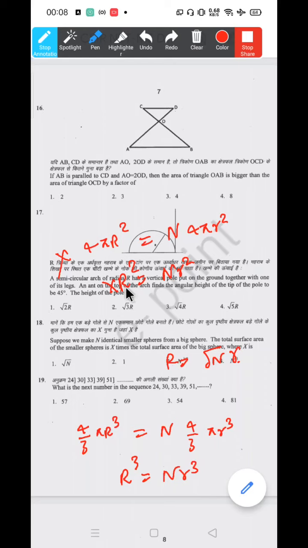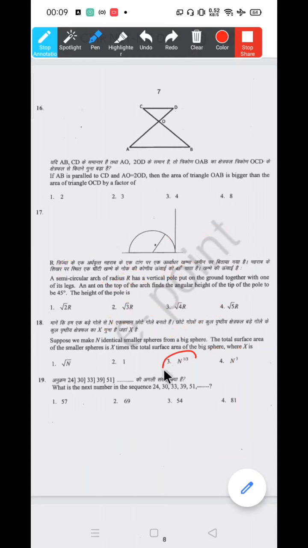At the place of r, it will be x into n raised to 2 by 3, and r square will get cancelled. So x will be n raised to 1 minus 2 by 3, that is 1 by 3, that is cube root of n. That is the answer. n raised to 1 by 3 will be my answer.